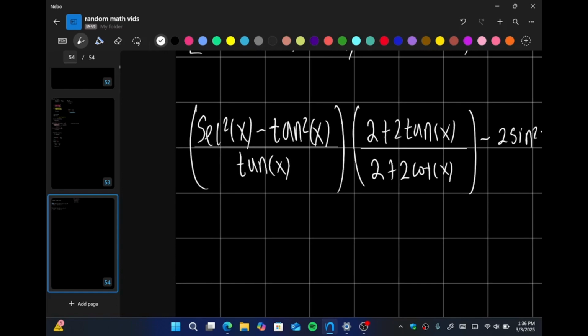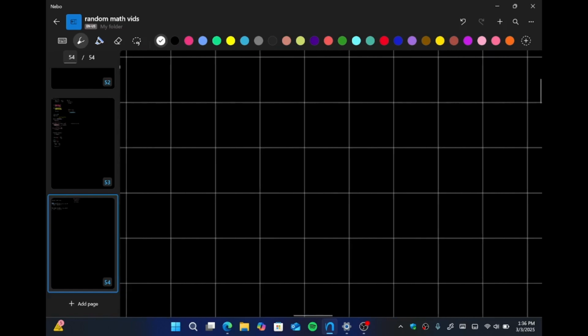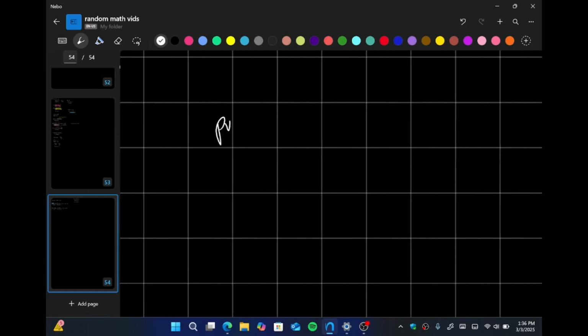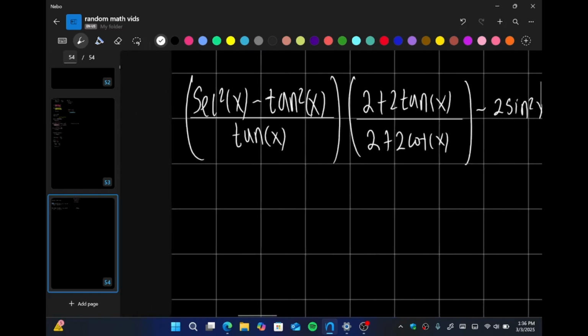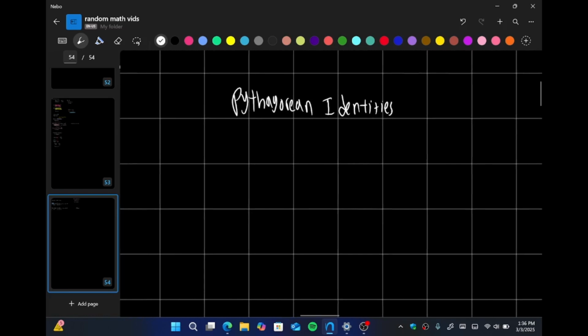Now, one thing I want to mention, guys, if you remember from the Pythagorean identities, I didn't do it this way, but now that I'm looking at it again, we can use Pythagorean identities to simplify the top. So, we have secant squared x minus tan squared x.